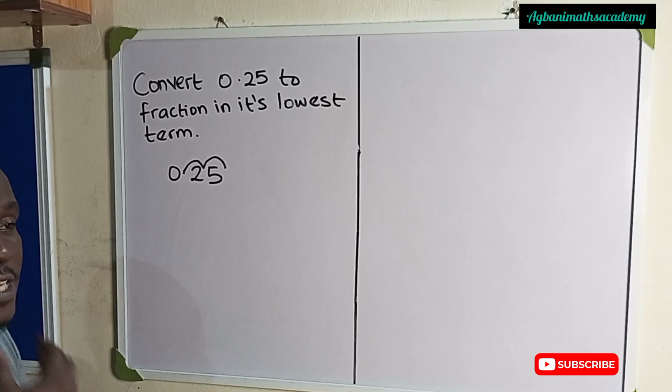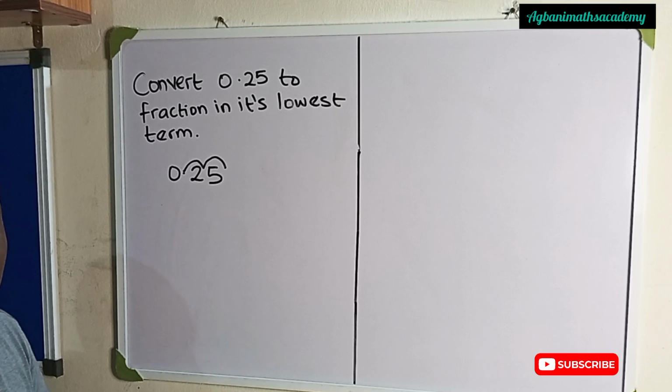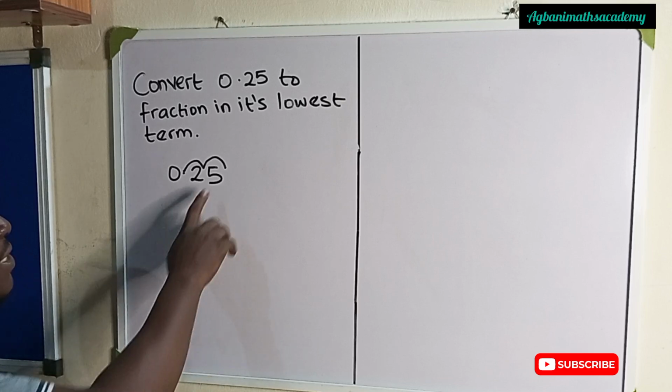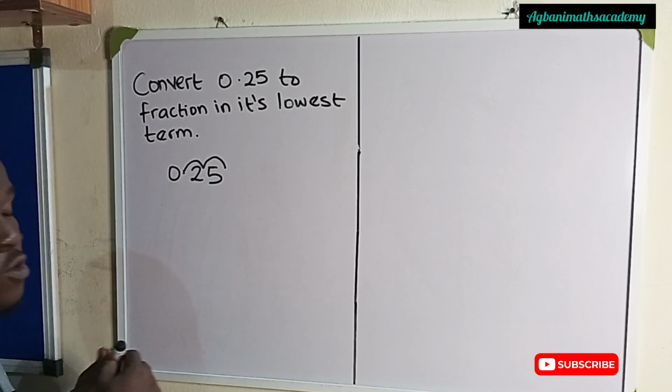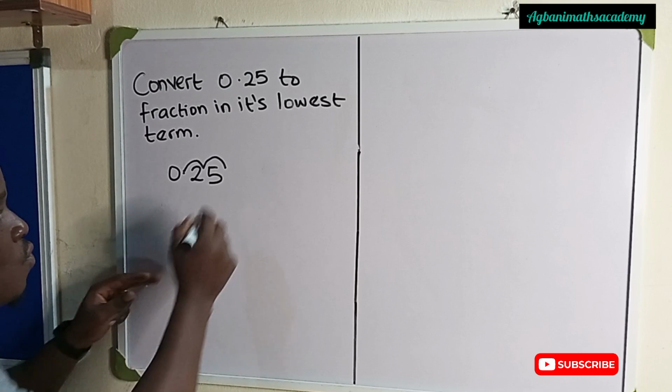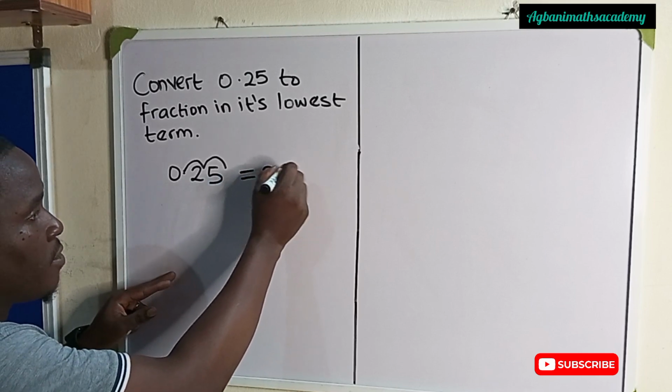And whenever you move the decimal point, you are going to have a multiple of 10 depending on the number of times you move the decimal point. This means if you move the decimal point once, you're going to divide by 10 to the power of 1. Here we moved it twice, so we are going to divide by 10 to the power of 2. So when the decimal point comes to this point, we no longer have 0.25, we now have 25.